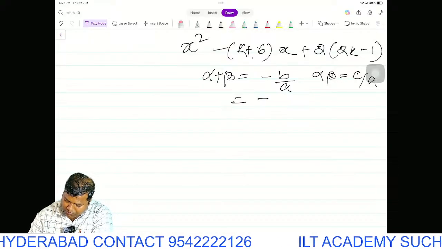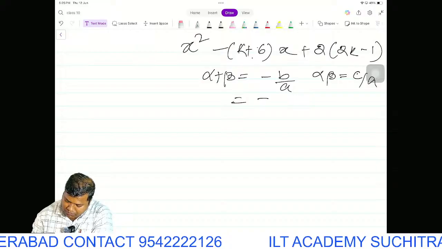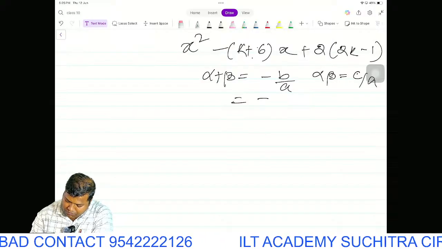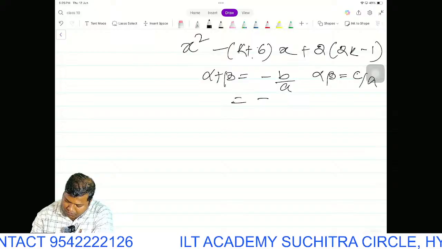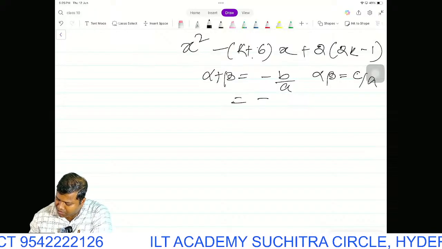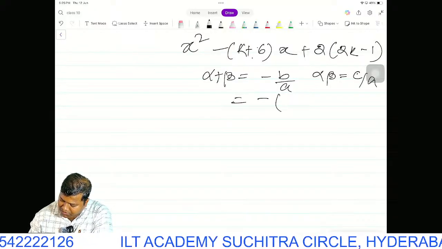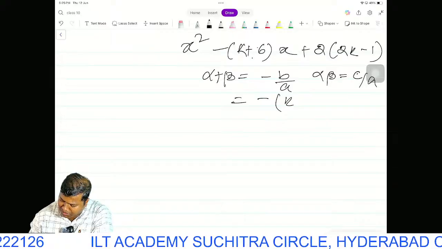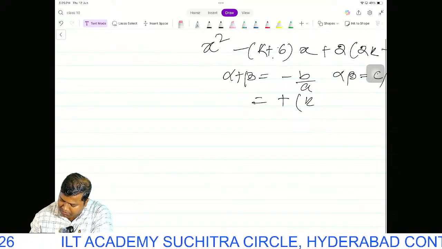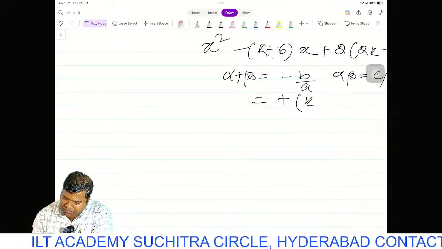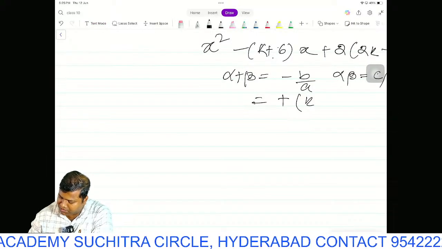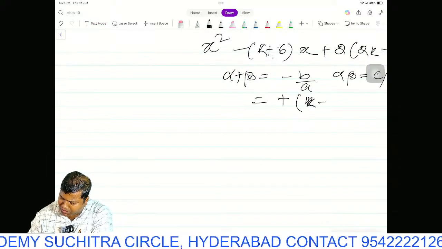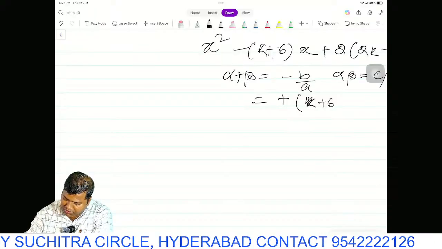No, select the pencil. Select the pencil. Minus of k plus minus of minus what? K plus. The text mode is coming automatically. Yeah.